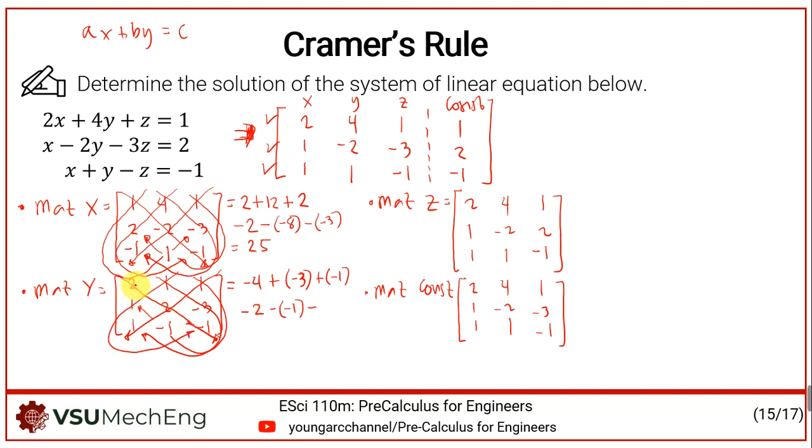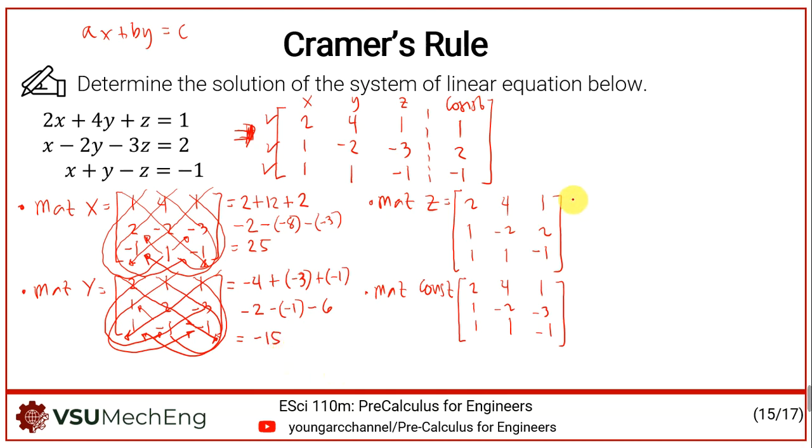Then minus 2 times negative 1 is negative 2 times negative 3, so that's positive 6, so minus 6. Simplifying this, negative 4 minus 3 minus 1 minus 2 plus 1 minus 6. The result is negative 15.